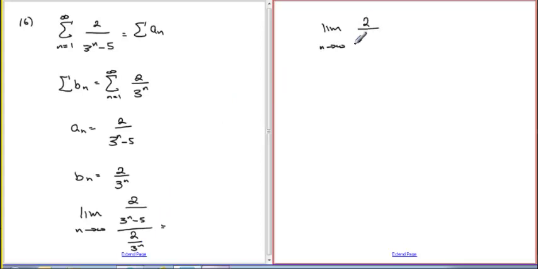So you'll have 2 over 3 to the n minus 5 times 3 to the n over 2. And those cancel out. So as n goes to infinity, you get 3 to the n divided by 3 to the n minus 5. So as n goes to infinity, what are we going to do here?